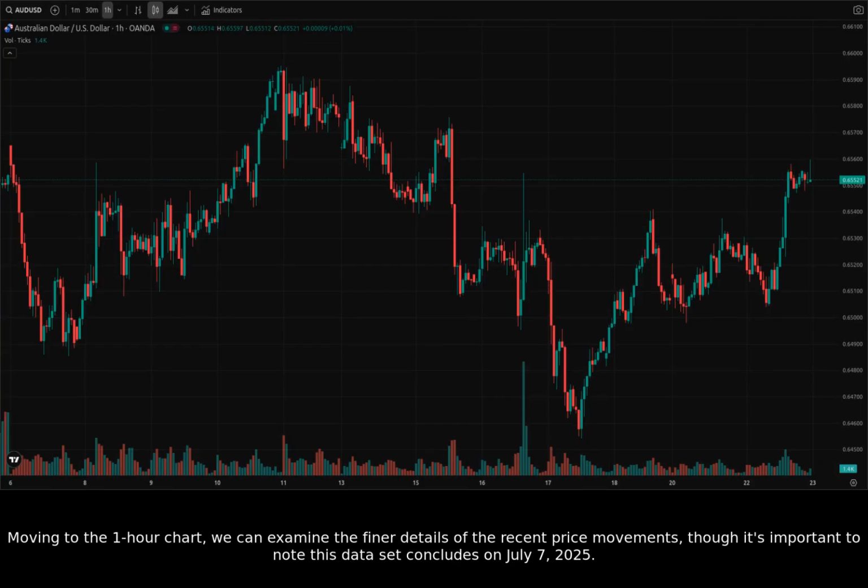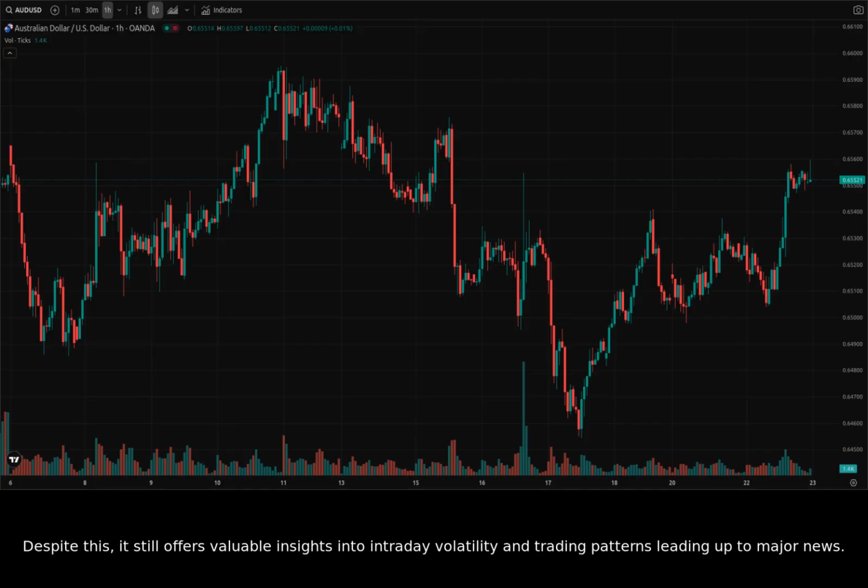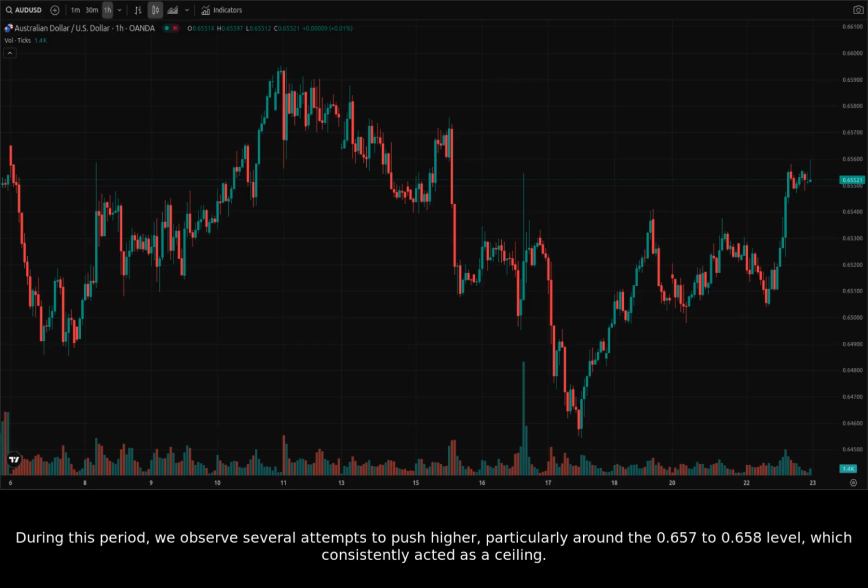Moving to the 1-hour chart, we can examine the finer details of the recent price movements, though it's important to note this data set concludes on July 7, 2025. Despite this, it still offers valuable insights into intraday volatility and trading patterns leading up to major news. During this period, we observed several attempts to push higher, particularly around the 0.657 to 0.658 level, which consistently acted as a ceiling.